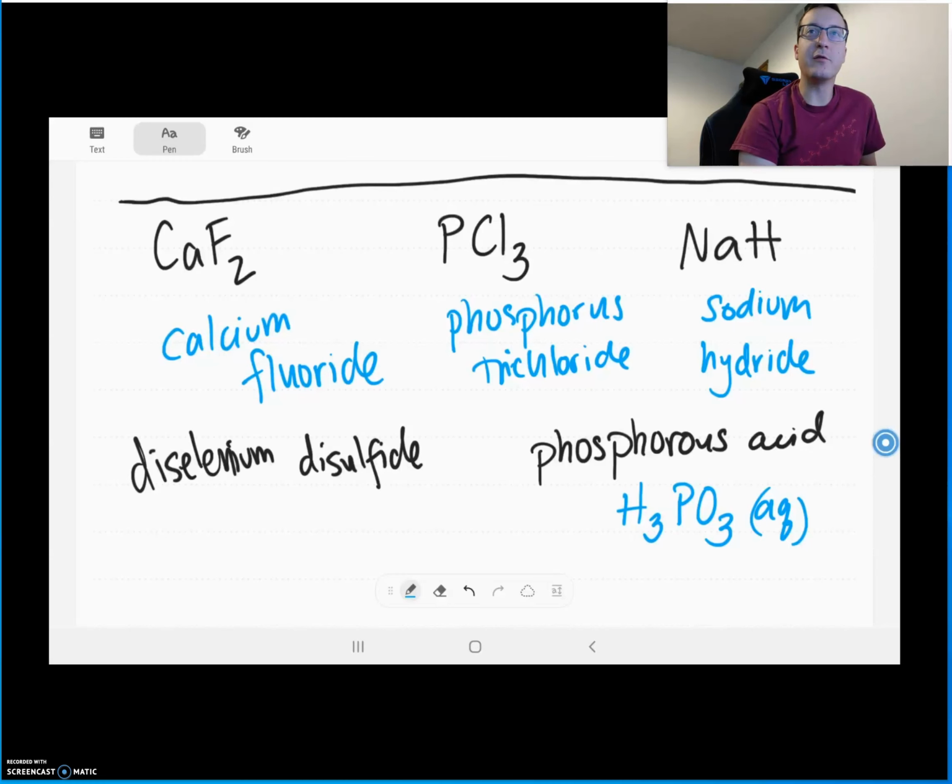Selenium is number 34 on the periodic table, in case any of you are wondering. Yes, Cassidy. In order for us to name something as an acid, the formula needs to be aqueous.